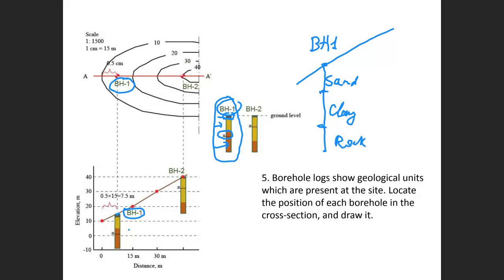Maybe in this one, the distance I measured was 0.5. You actually measure it with a ruler from this point to this point, it is 0.5, and I multiply by the scale 15, which gives you 7.5. So here it is going to be 7.5. And the elevation is taken from the borehole log, so it's not assumed.